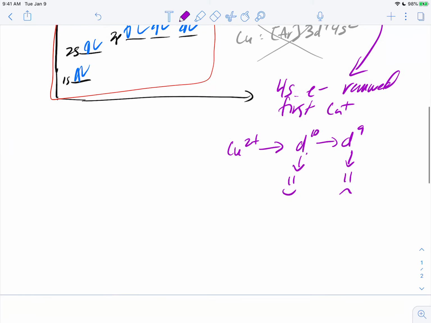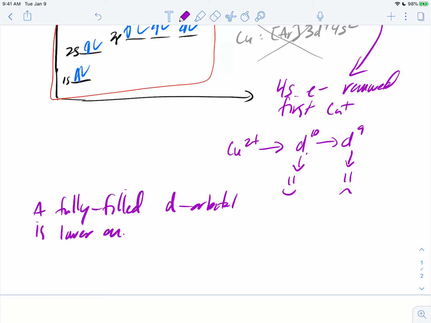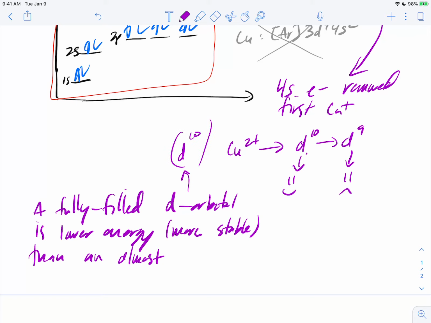And so the general rule here is that a fully filled d orbital is lower energy, or more stable, however you want to think about it, than an almost fully filled d orbital.